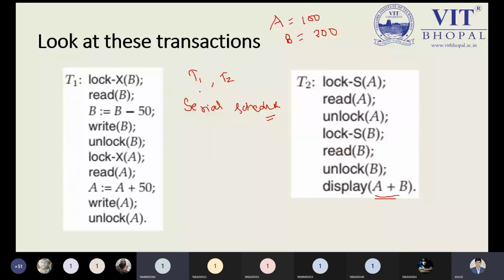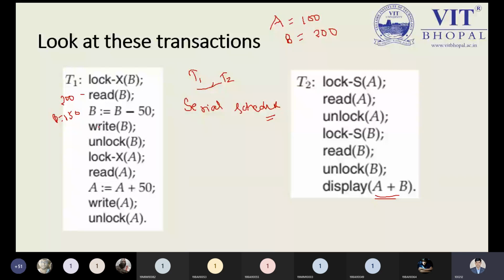Okay, now see, first we will understand transaction T1. Here I'm using lock-X, the locking mechanism to lock my data item for performing some operation. The read operation will read the data, that is B, 200. Then B will be updated to 150, so I can write 150 over here.